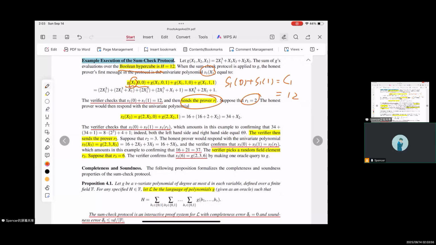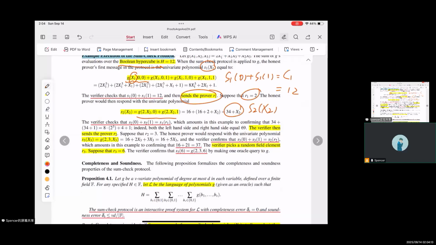Now it sends S2, X2, with all possible inputs except X2. Now we get S2, X2 equals 34 plus X2. Now its degree is 1.